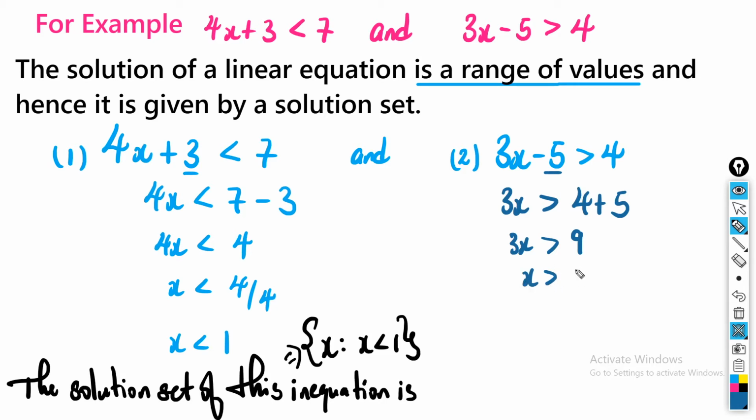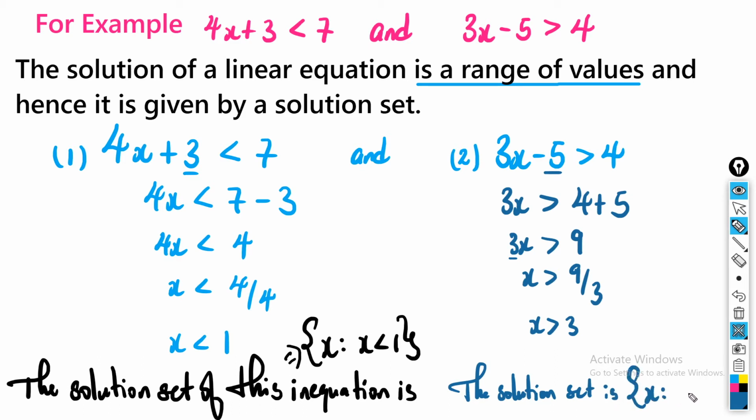So we have 9 over 3, and this 3 goes down here, and we end up with x is greater than 3. So the solution set is x such that x is greater than 3.